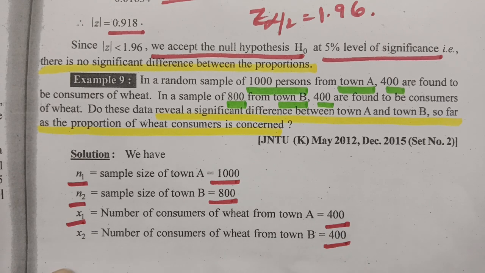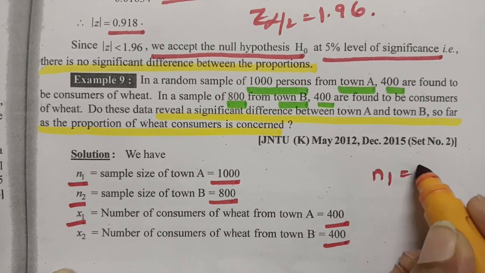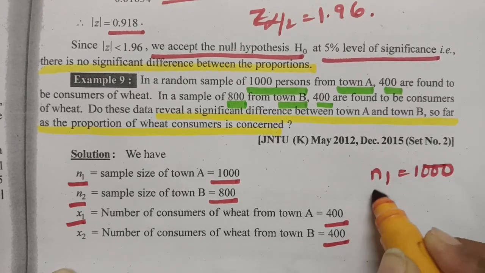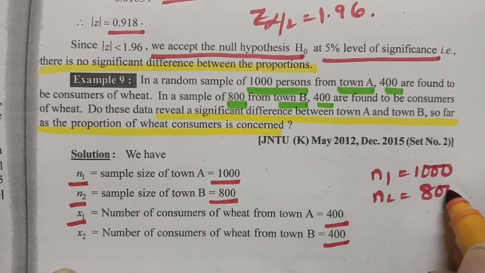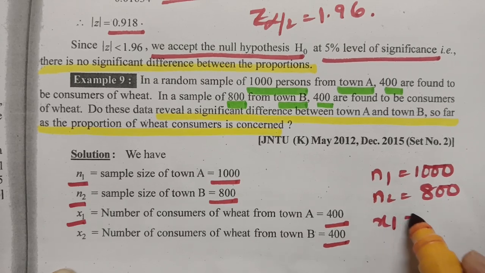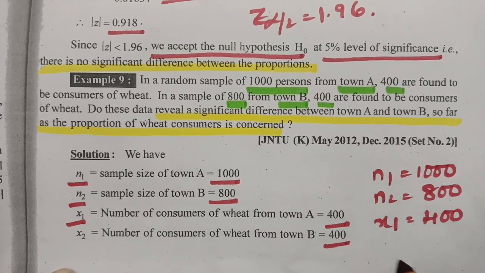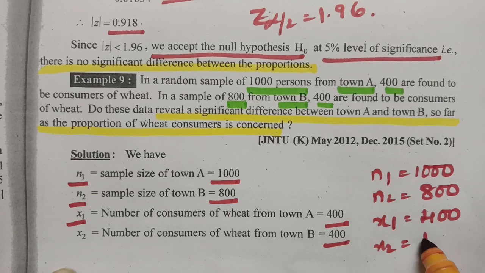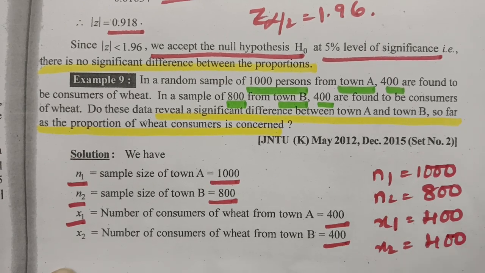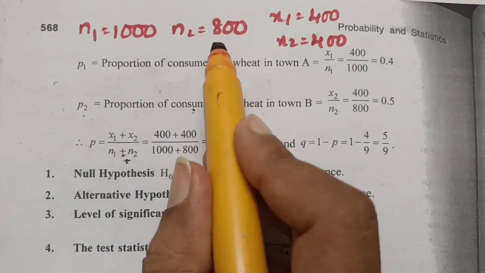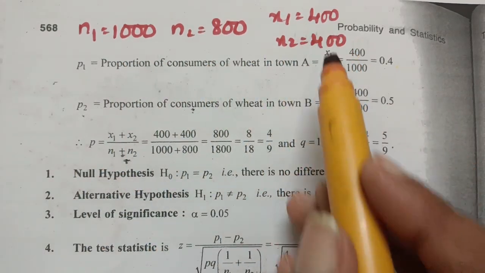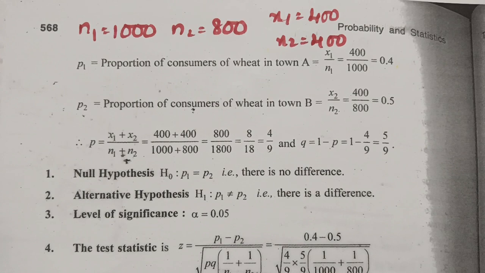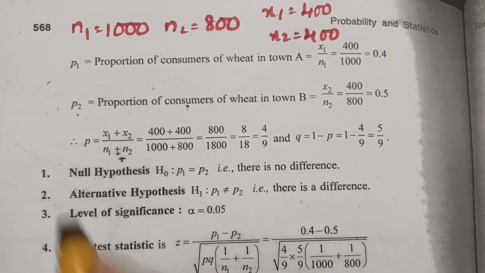So this is the data given. n1 is equal to 1000 and n2 is equal to 800, x1 is equal to 400 wheat eaters, and x2 from town B is also 400. And now we have to calculate P1.